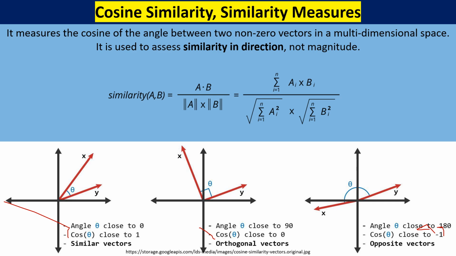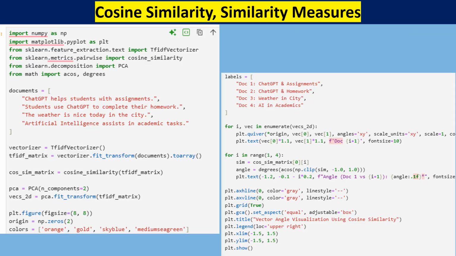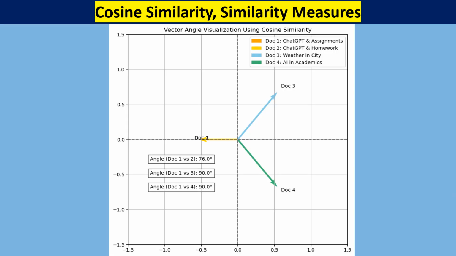This is its formula, and this is cosine similarity in Python; these are the lines we need to evaluate. We define documents 1, 2, 3, and 4, and these are the results. All four documents are arrows from the origin, vectors pointing in different directions depending on their textual contents.